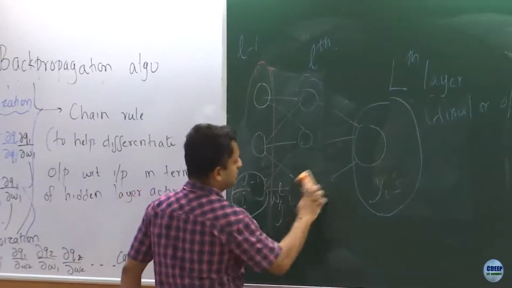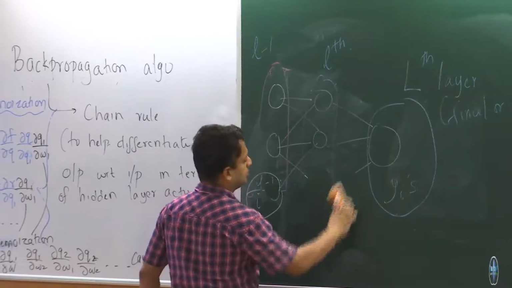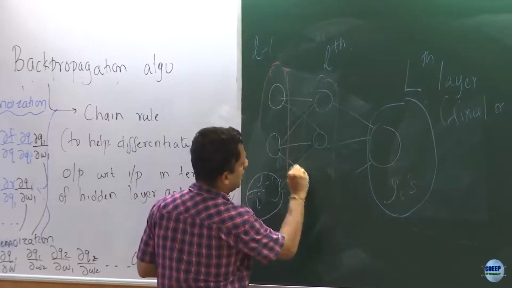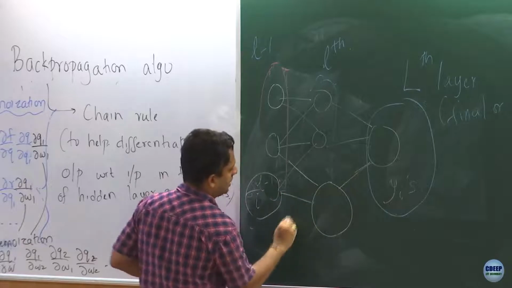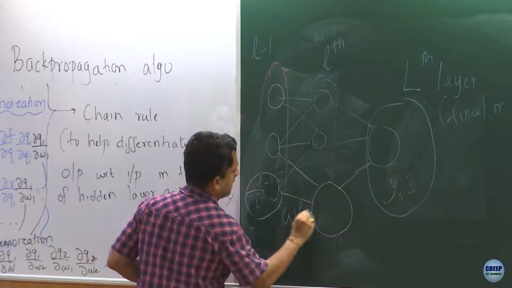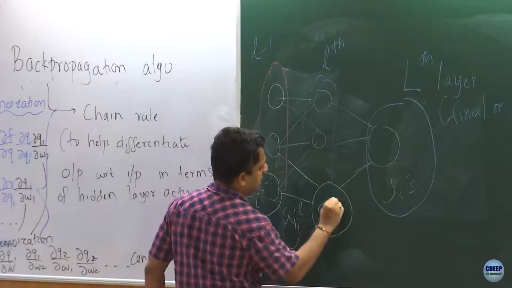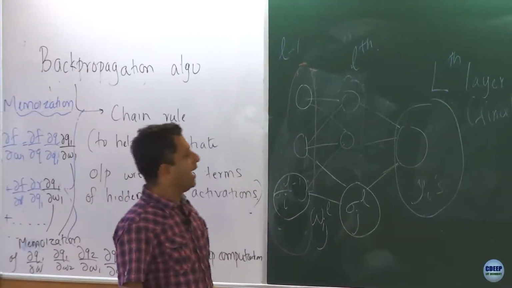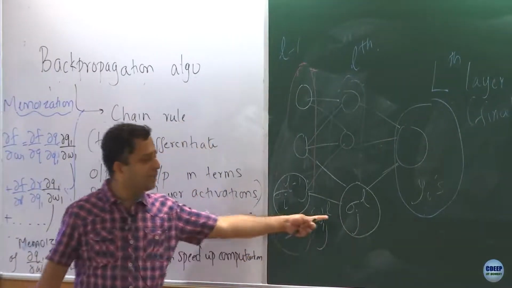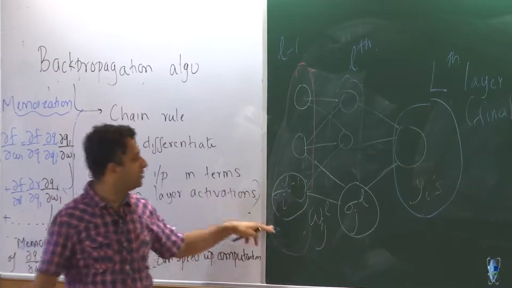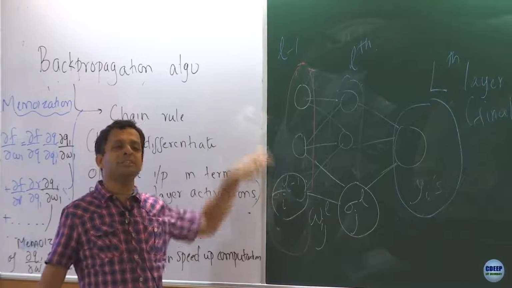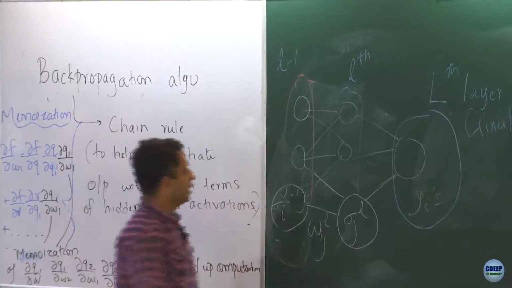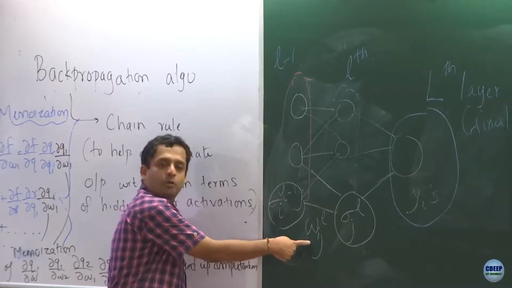I'll enlarge this. So this is Wijl and this is sigma JL. And sigma JL is being fed not just from this I from L minus 1, it is being fed from many such I's from the L minus 1th layer, and each of them is being weighted by Wijl.